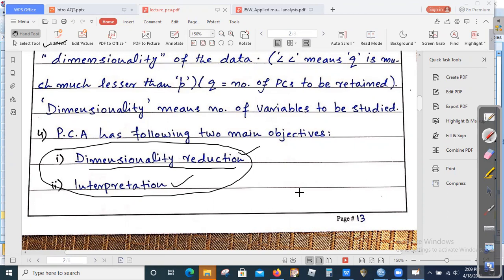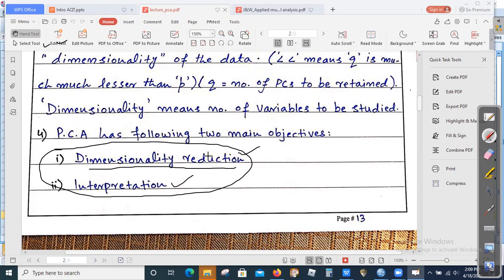If the answer is yes, which the PCA would be actually helping you to get, then you say that I have got the objective of dimensionality reduction. And when I will be carrying out PCA, you will actually learn how this dimensionality reduction is achieved.